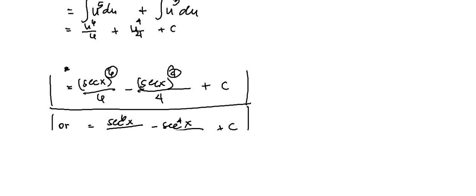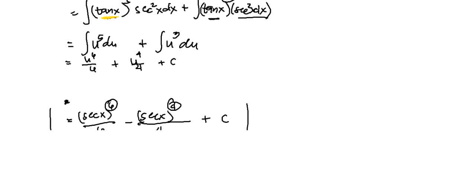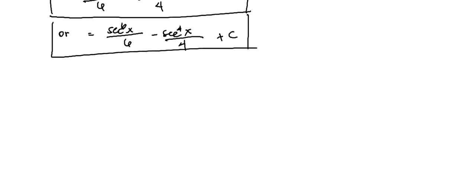Bringing back the value of u as tangent x, we have tangent x raised to 6 all over 6 plus tangent x raised to 4 all over 4 plus c. That is now our final answer.